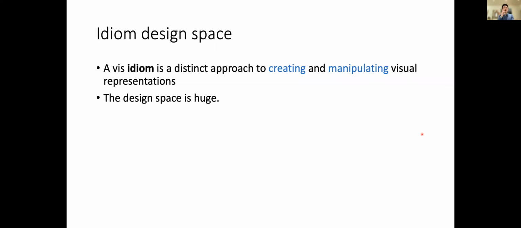The other concept is the design space. The design space just means all the design options, or all the possible visualizations you can have. For example, using the lab we had last week, the data set we have is a table that contains data about different cars. There are many different ways you can visualize the data.